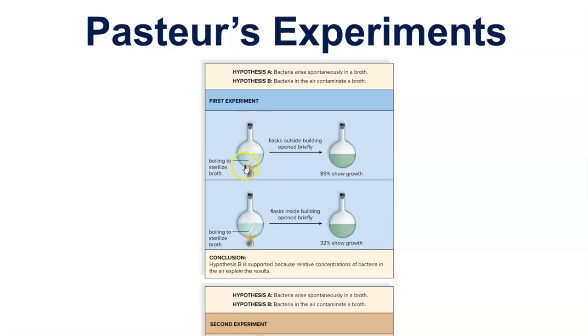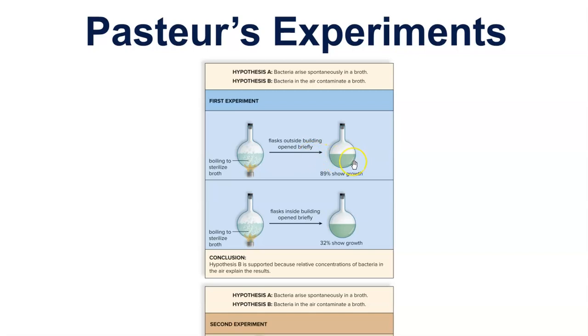So this was nutrient broth that contained bacteria. He boiled it to sterilize it. He opened the flask briefly outside of a building and let some time pass. And then 89% of his flasks, like say if he did this with 100 flasks, 89 of them showed bacterial growth. So in other words, bacteria got into the flask from the air.